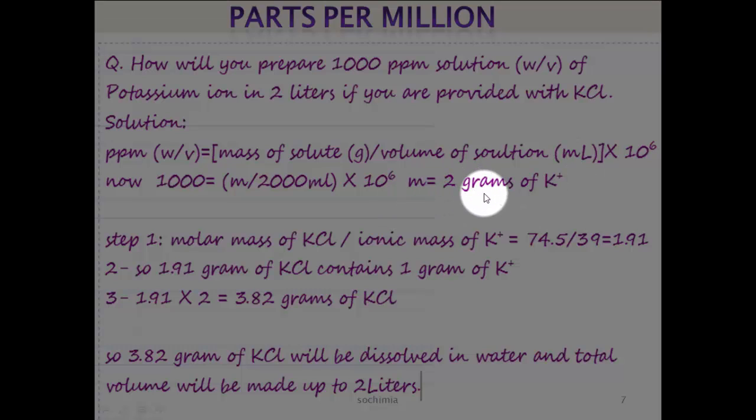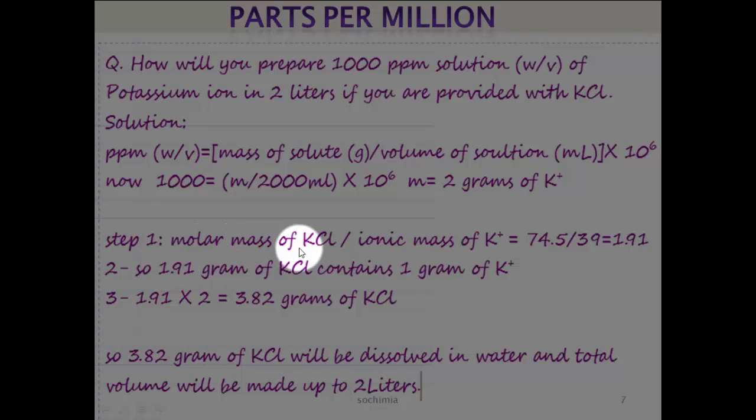We need 2 grams of potassium ions, but in actual we have potassium chloride, not potassium ions, with us. So we'll have to calculate how much potassium chloride will be required to have 2 grams of potassium.